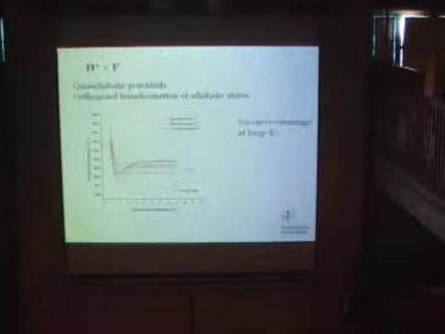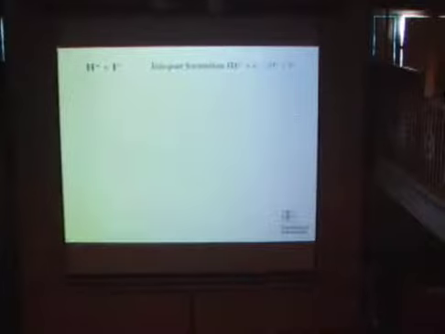HF is different compared to H2 because of the large electron affinity. The ion pair limit is actually below the n = 2 limit. And that makes it different. In this study, we didn't include any spin-orbit couplings.